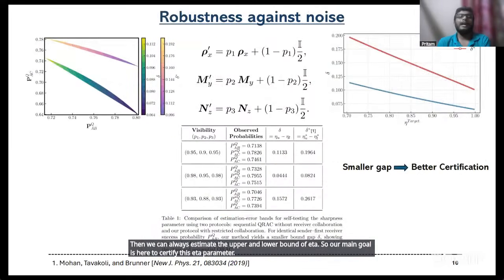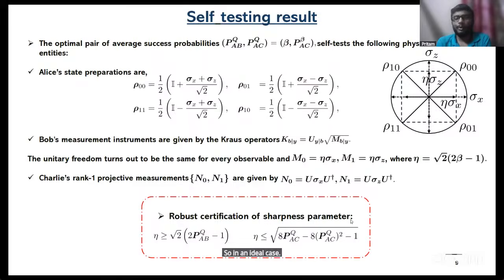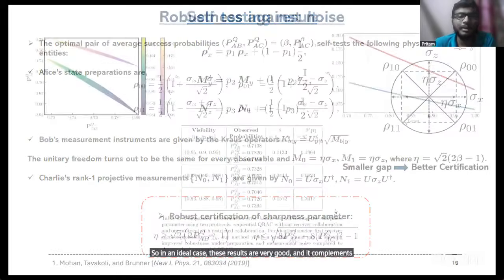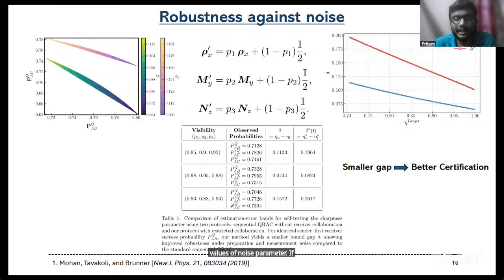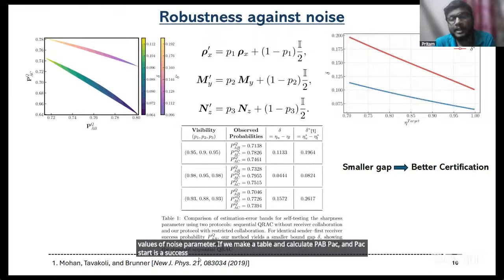So in the ideal case, these results are very good and complement Tavakoli's result. But for robustness under noise, we choose a noisy preparation, like white noise, and a noisy measurement device. For different values of the noise parameter, we make a table and calculate PAB, PAC, and PAC star, which is the success probability of Alice and Charlie in Tavakoli's paper.